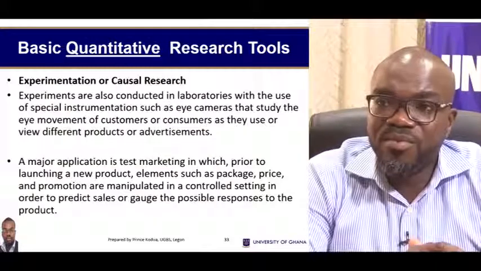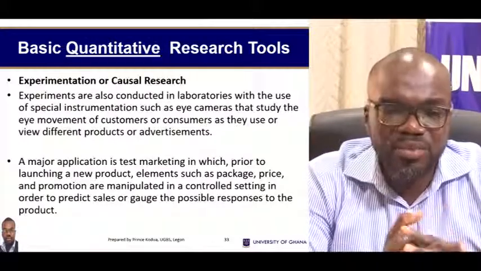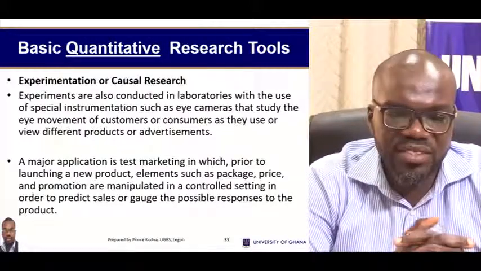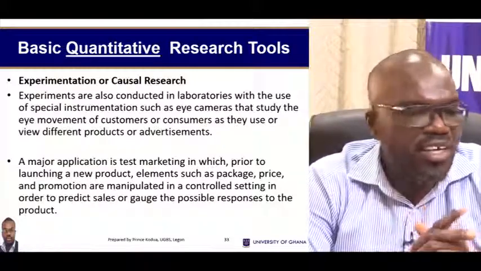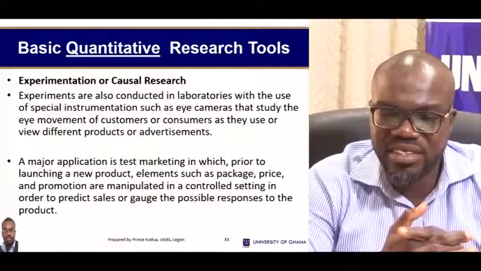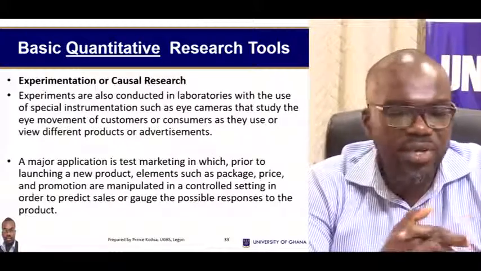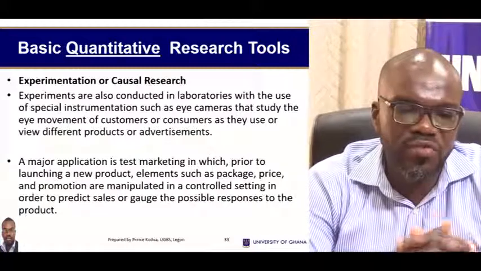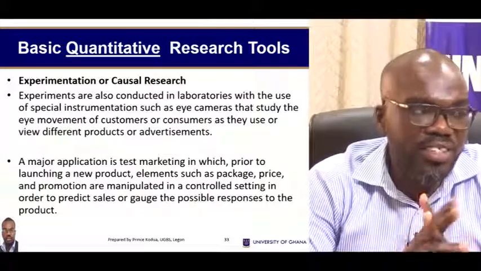Experimentations, apart from a typical marketplace, can also be conducted in laboratories, where we use special instruments such as eye cameras that study the eye movement of customers or consumers as they use or view different products or advertisements.